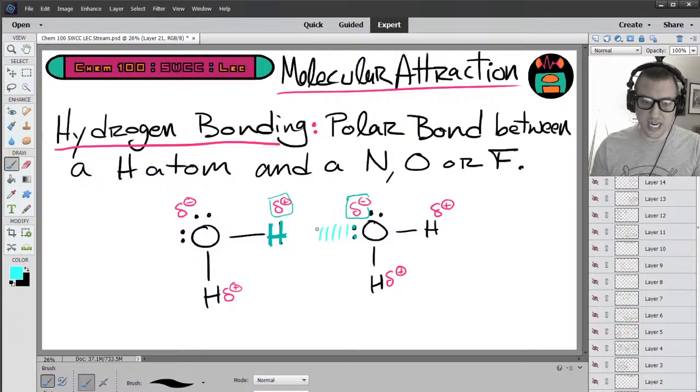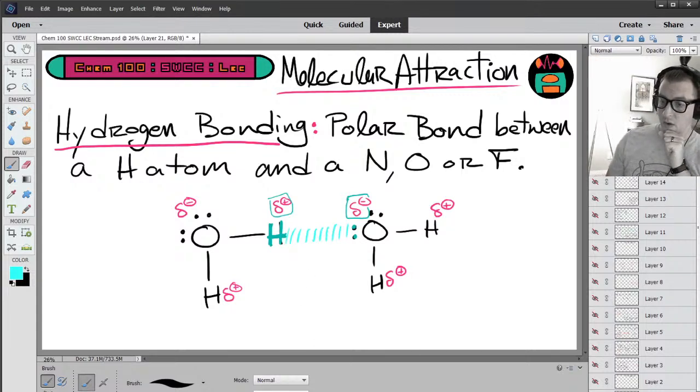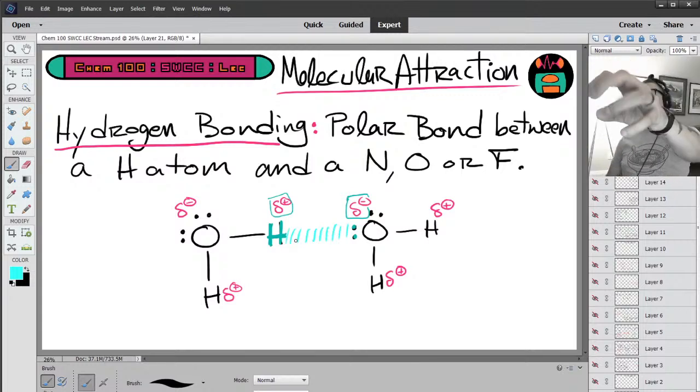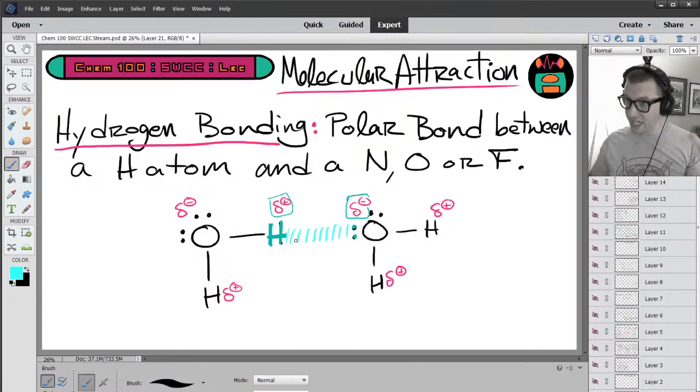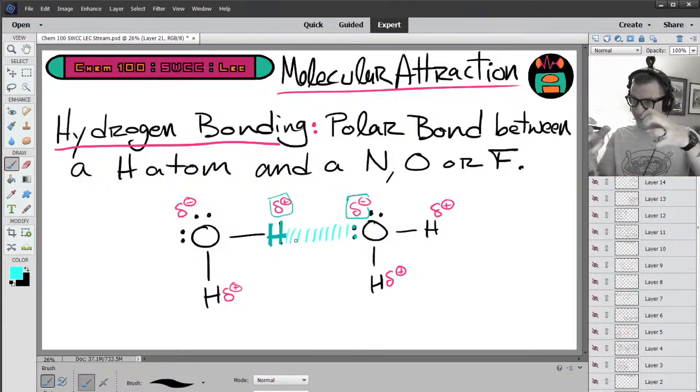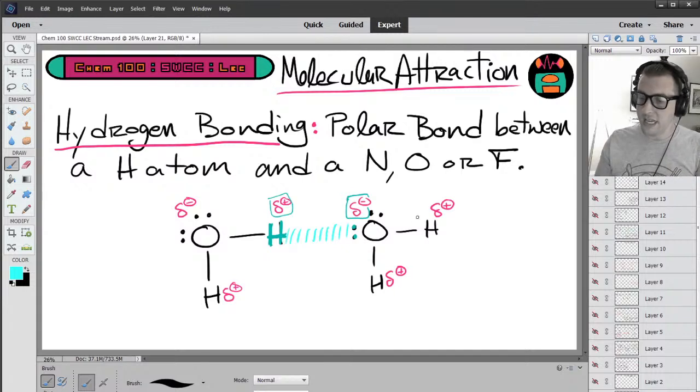They start reaching out, and they almost form a bond with that hydrogen. This right here is a representation of the hydrogen bond. They're reaching out, they almost form a bond, but they're not quite going to form a full bond to that hydrogen. But they're attracted to each other. They kind of stick together for a little bit, loosely.